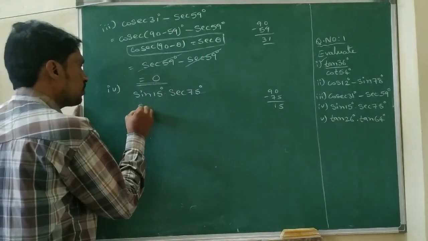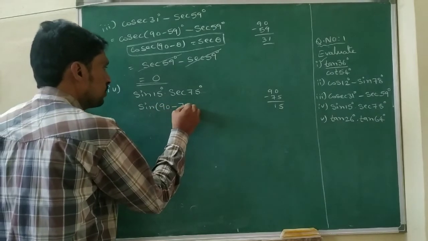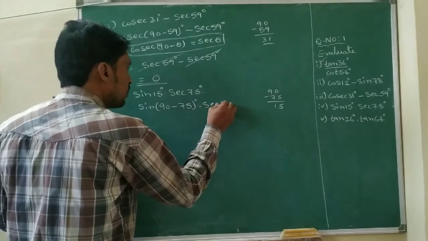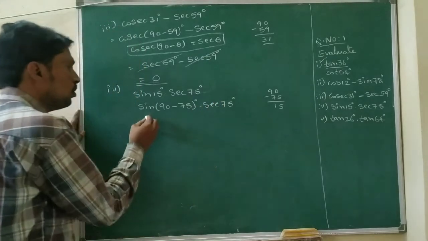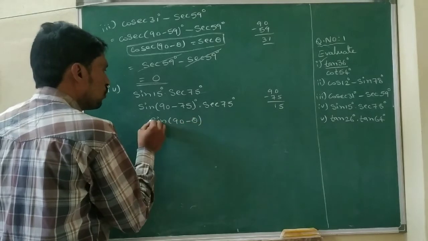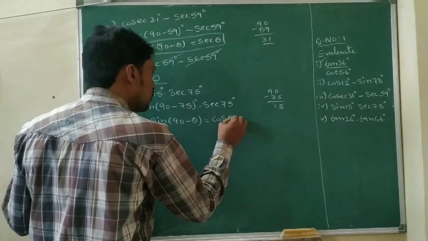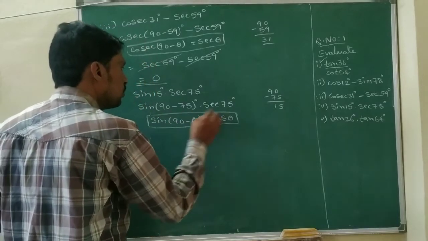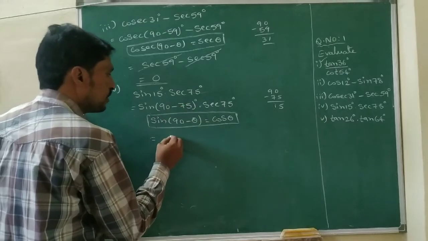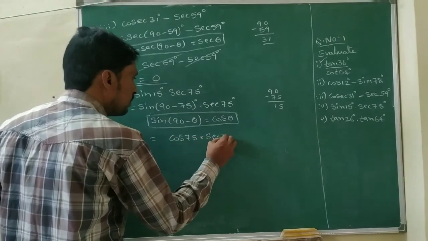So we take sin (90 minus 75) degrees into sec 75 degrees. It is of the form sin (90 minus theta), and the formula is sin (90 minus theta) equals cos theta. Here theta is 75, so we get cos 75 into sec 75.